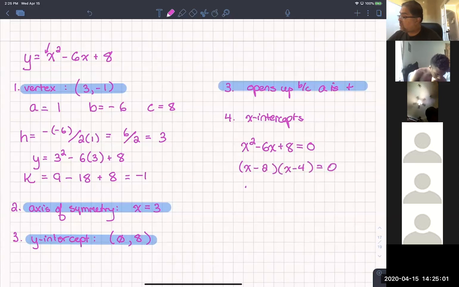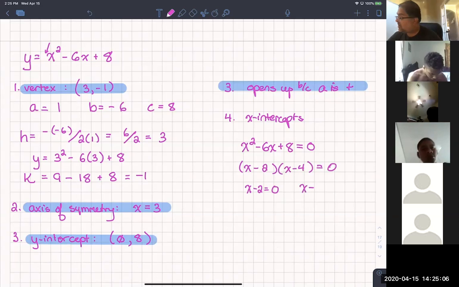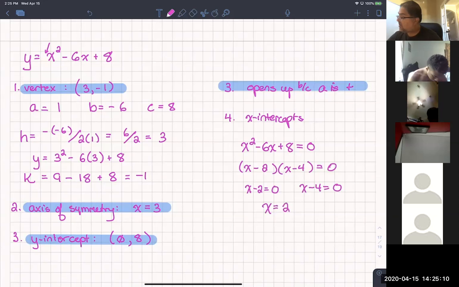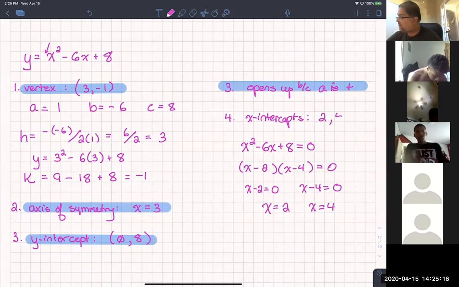Then we solve each one. So the x-intercepts are 2 and 4. And that's where it crosses the x-axis.